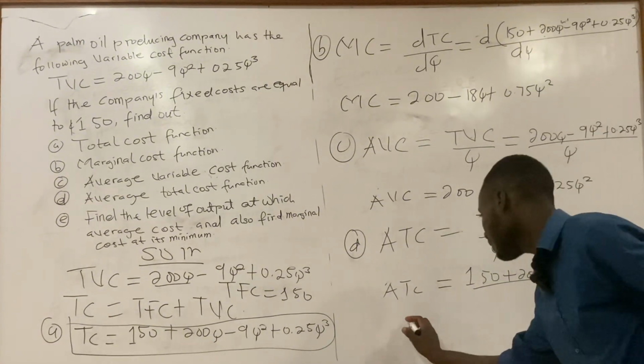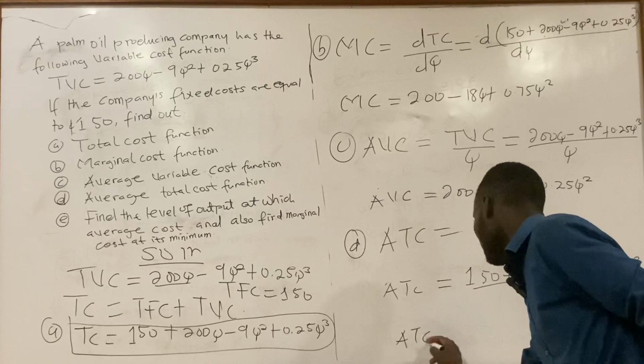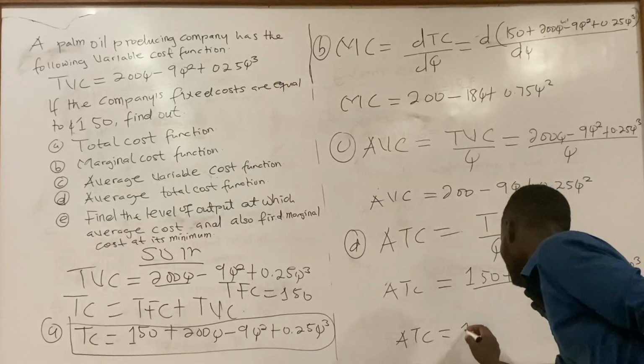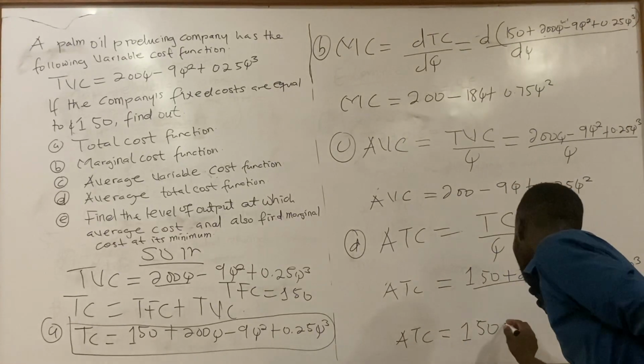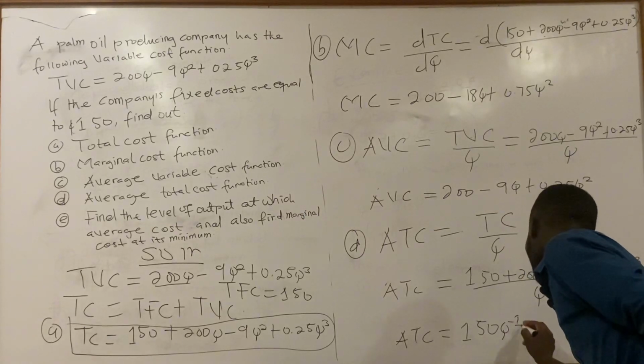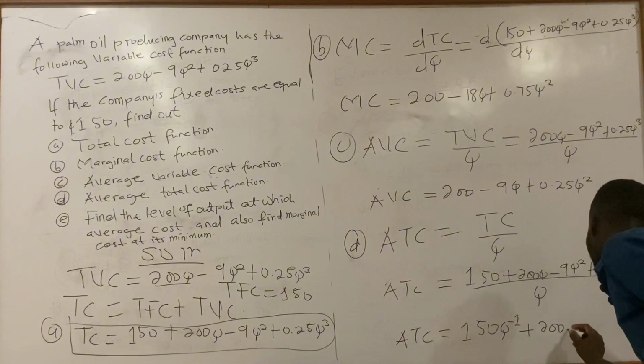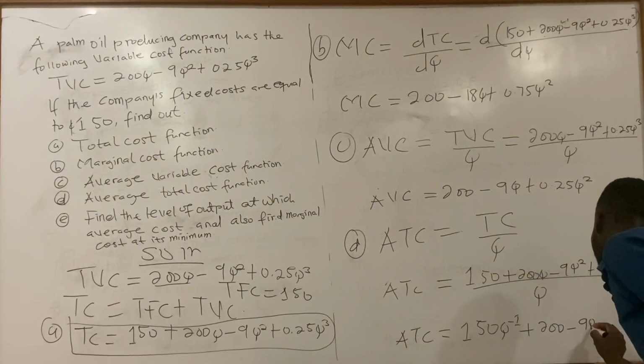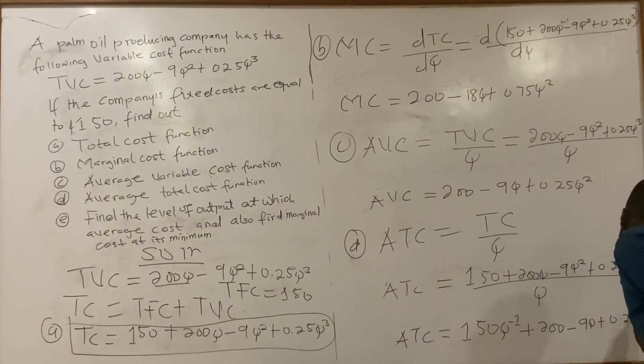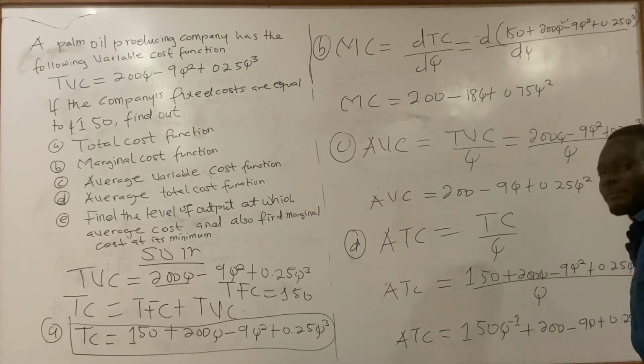All right, so ATC is now giving us 150q to the power minus 1 plus 200 minus 9q plus 0.25q squared.